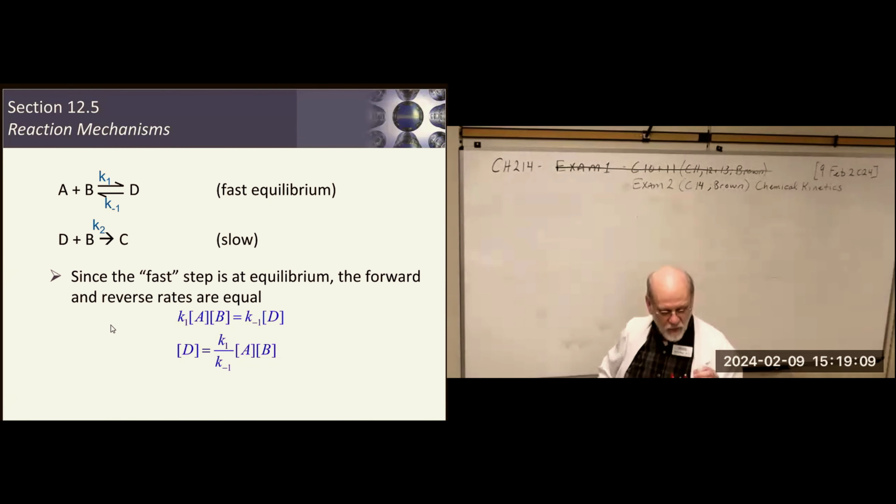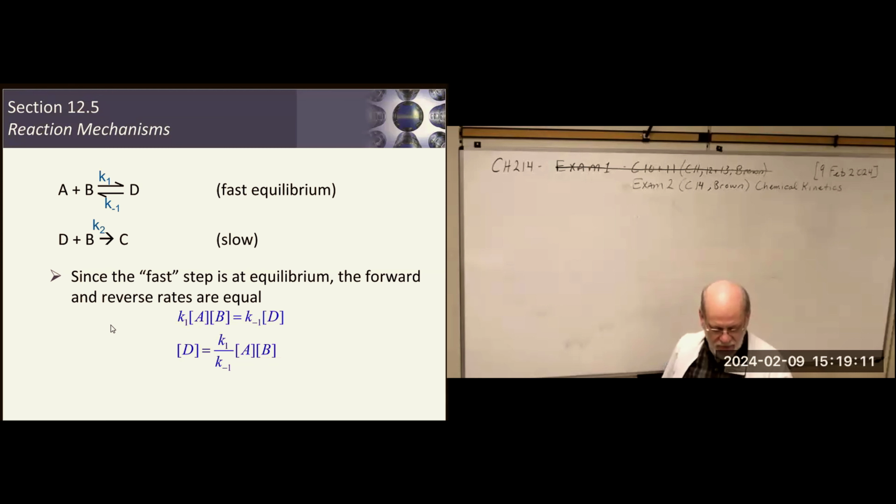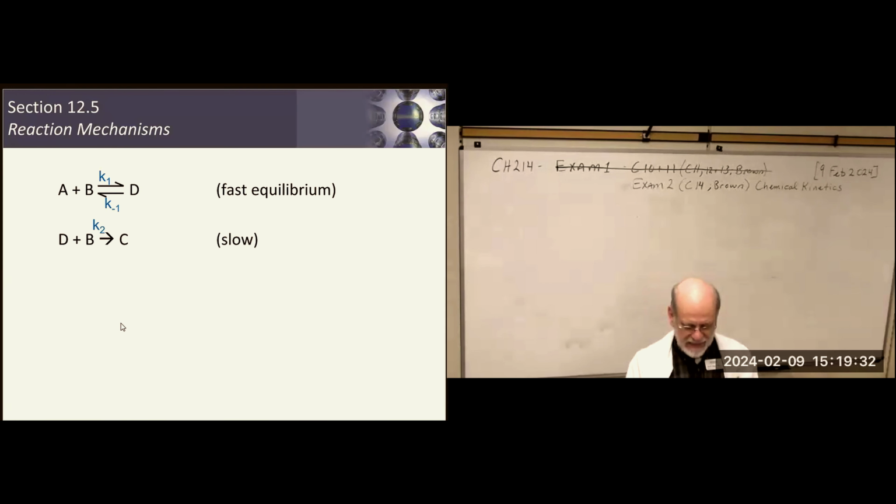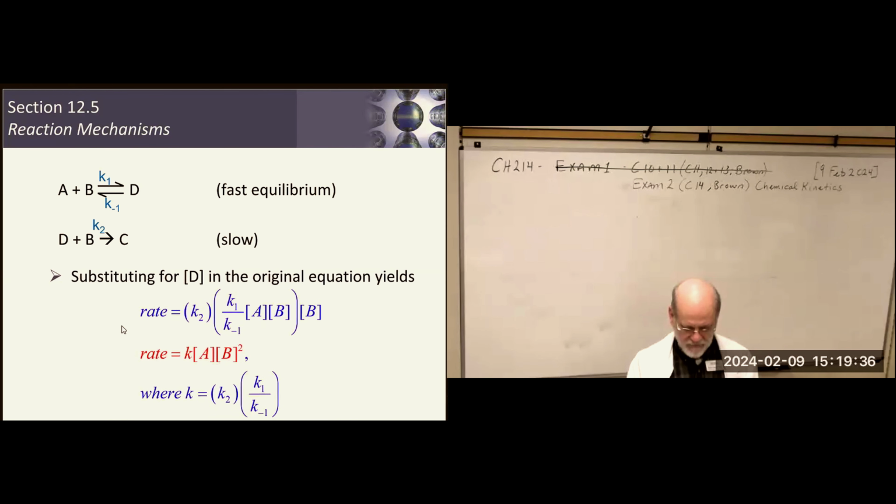So if we write the rate equation for the forward reaction and it equals the rate for the reverse, we can say that K1 times A times B is equal to K minus 1 times D. So we set that up and solve for D, and then we take that and substitute it in for D in the slow equation. So that's what we've done there.